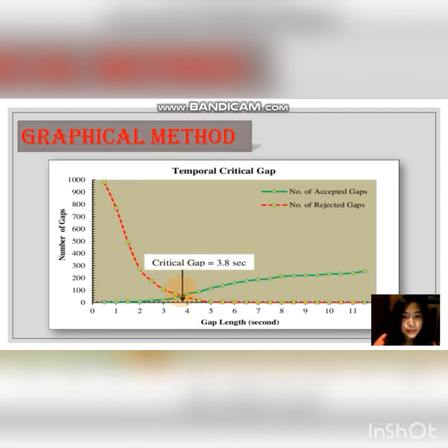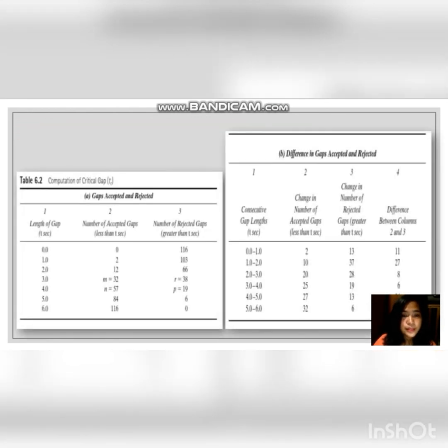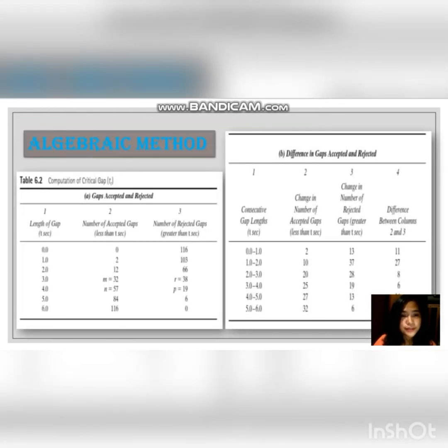These red lines here are the number of rejected gaps, and the green one indicates the number of accepted gaps. So the intersection of these red lines and the green lines is called the critical gap.